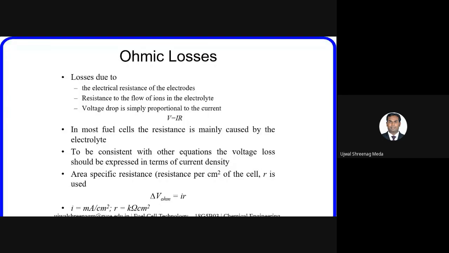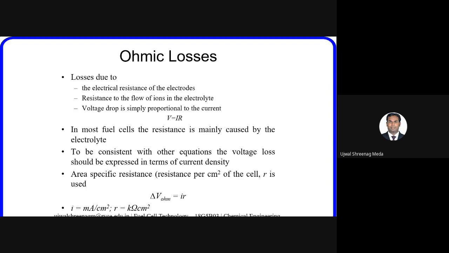So the next type of loss is ohmic loss. In a fuel cell, components such as electrodes, electrolyte, bipolar plates, and interconnects all have a specific role to play. And usually all these materials have resistance for the flow of electrons and ions.